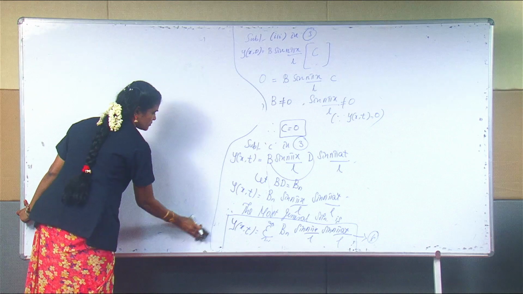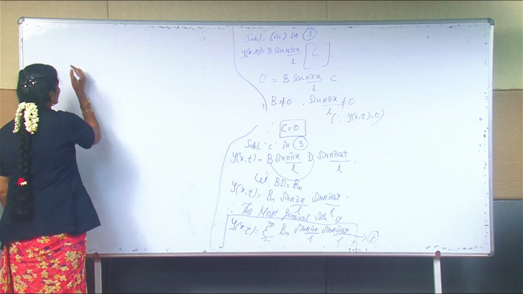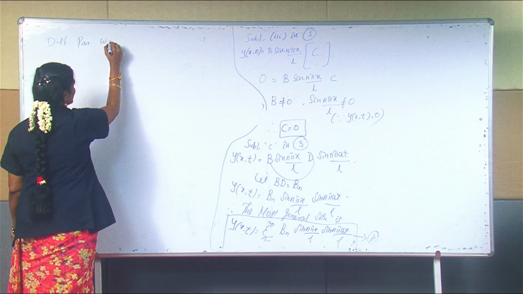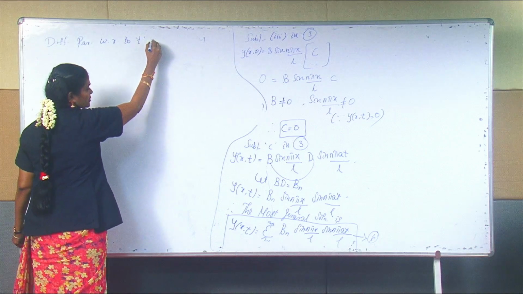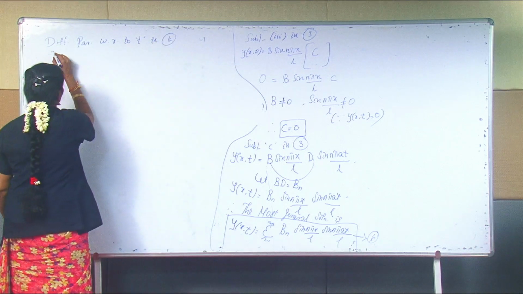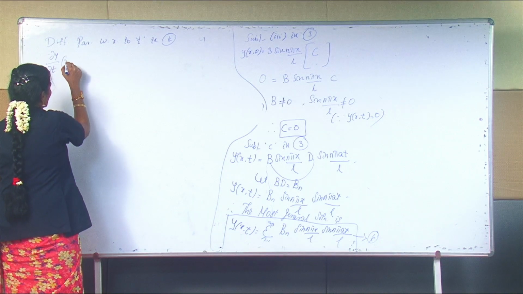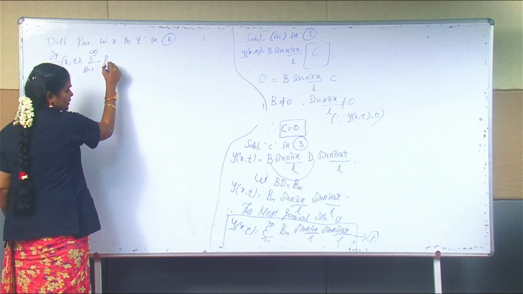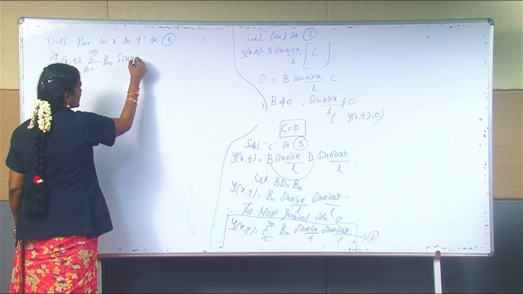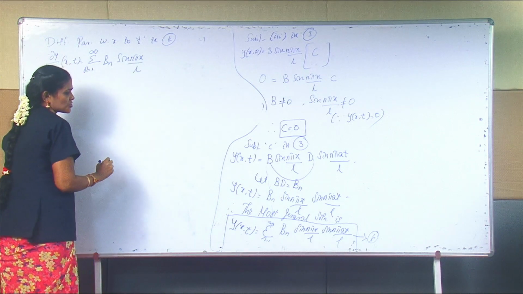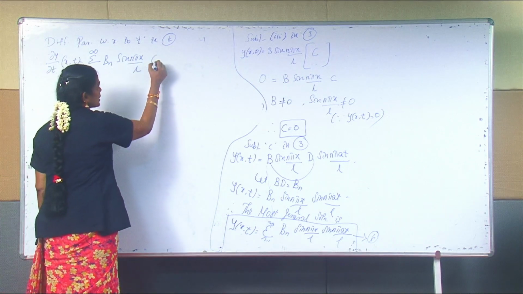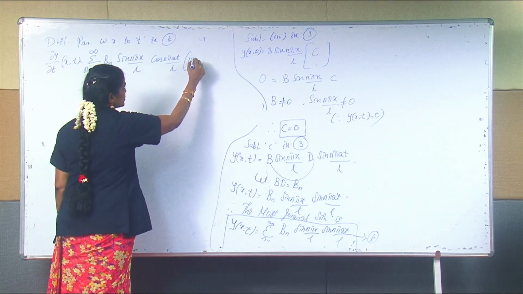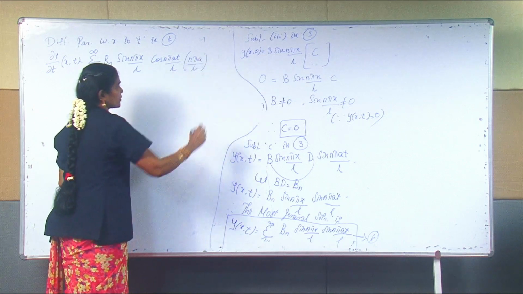So differentiating partially with respect to t in equation 4, it becomes dou y by dou t at x comma t equal to summation n equal to 1 to infinity bn sin n pi x by L into differentiation of sin n pi a t by L, which is cos n pi a t by L into the t coefficient in the multiplication.